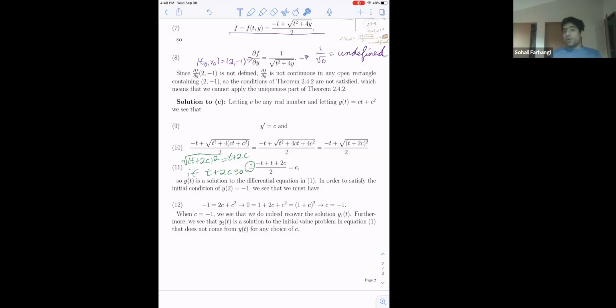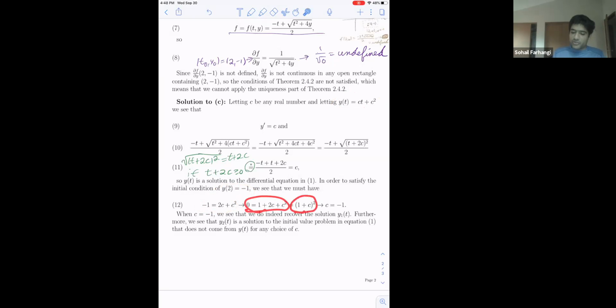And then if we want to also satisfy the initial value problem, then we have to satisfy the initial value of y of 2 equals negative 1. So if I take my y of t and plug in 2, set it equal to negative 1, then I can solve that equation. I add 1 to the other side.